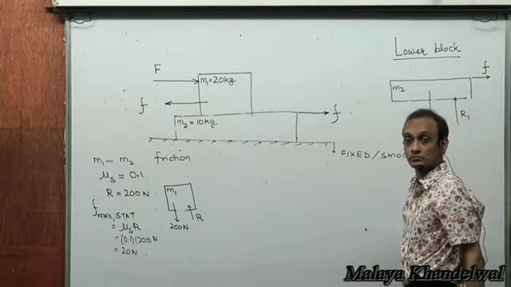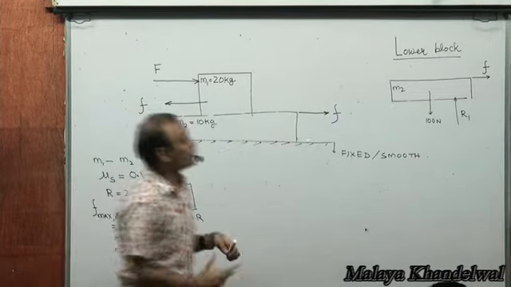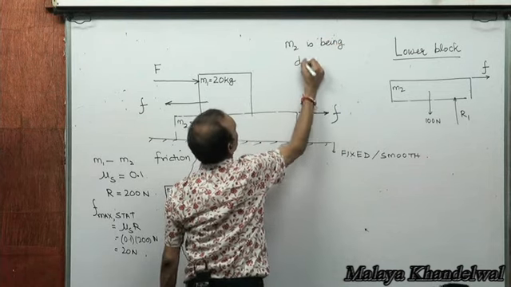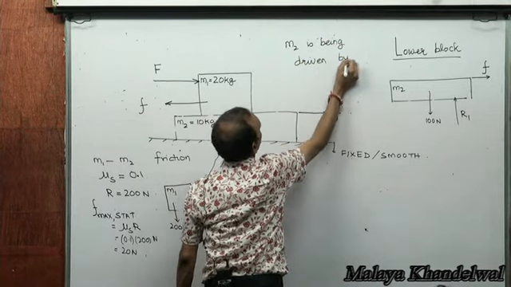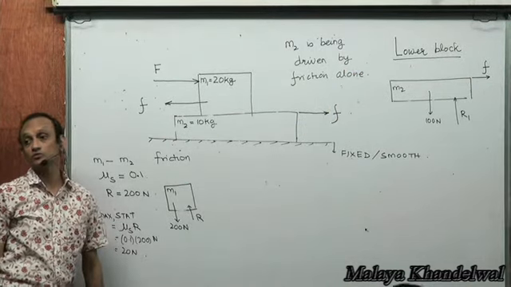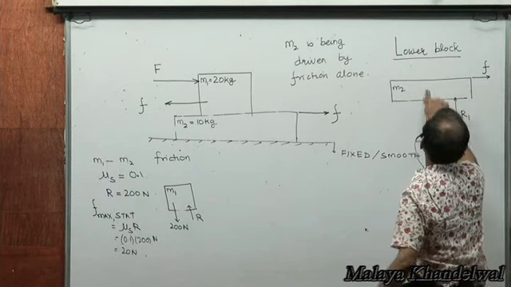So then, if M2 is moving with a common acceleration as M1, what is driving M2? Friction. M2 is being driven by friction alone. Yes or no? So then, what's the maximum possible acceleration of M2?